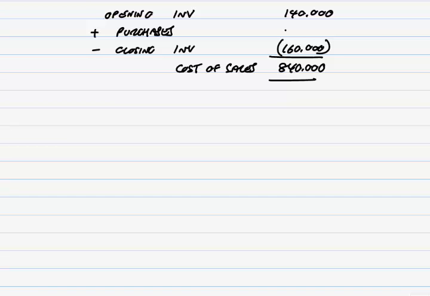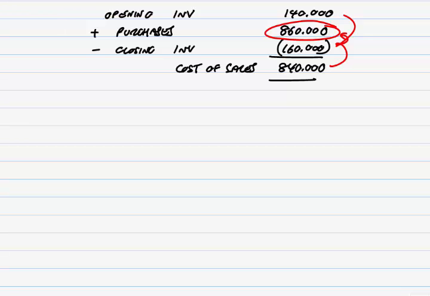The purchases must have been 860. If you prefer, we had to buy 840 for what we sold. We had to buy another 20 to increase inventory. But whichever way you look at it, we bought goods for 860.